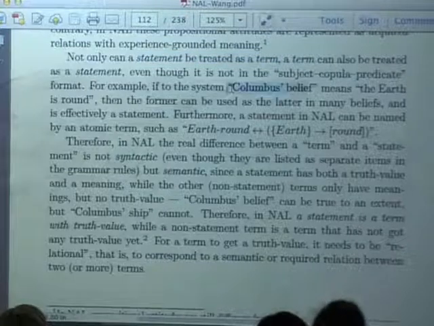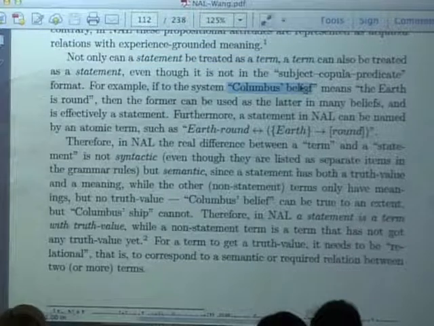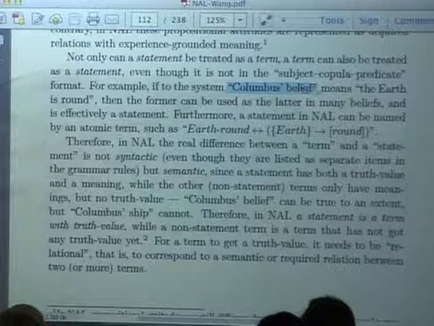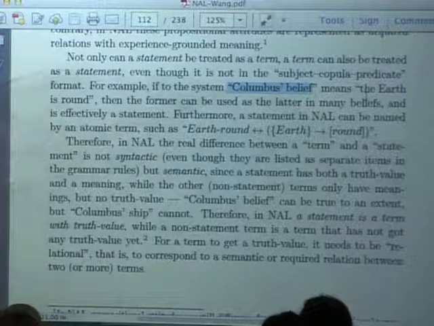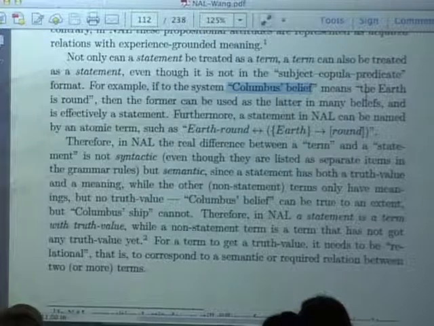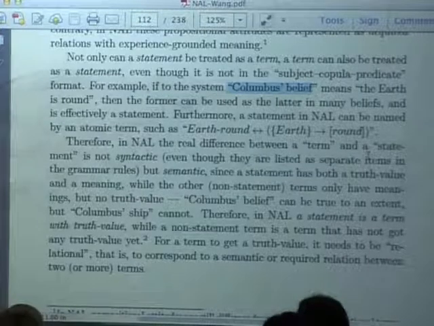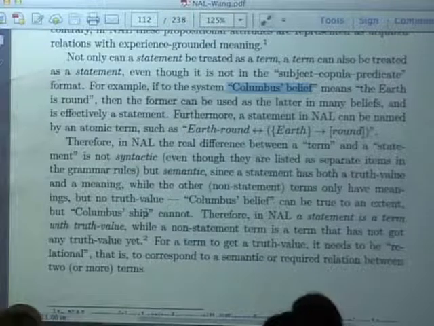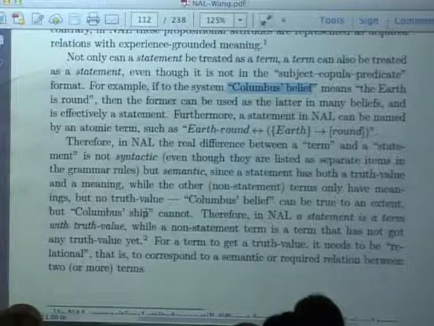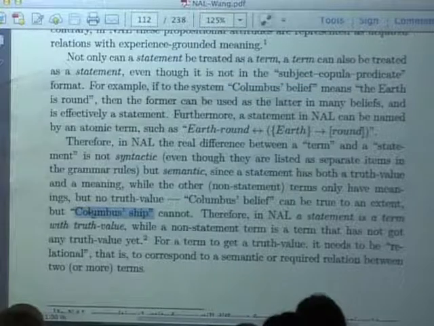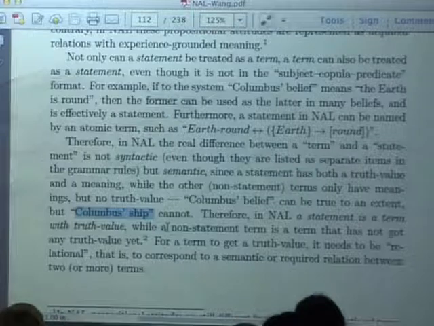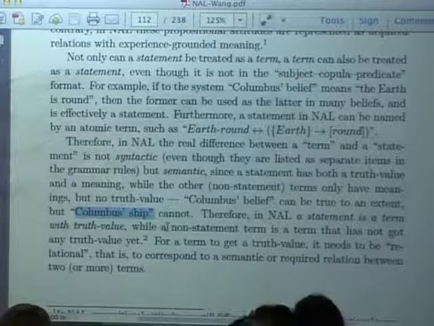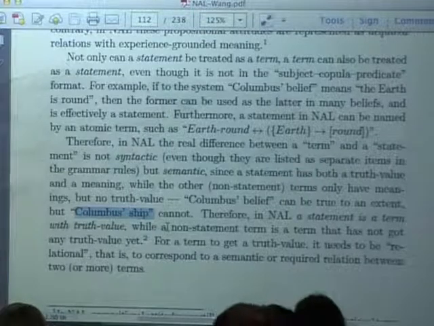Columbus believes, that's clearly some kind of statement, which in this case I can say is equivalent to "the Earth is round." On the other hand, there is still a difference between a statement and other terms, for example, Columbus's sheep. Well, that's different from Columbus's belief because the sheep is not a statement.